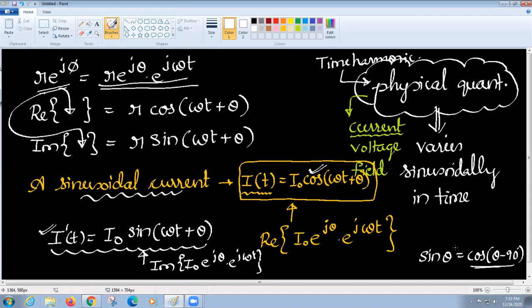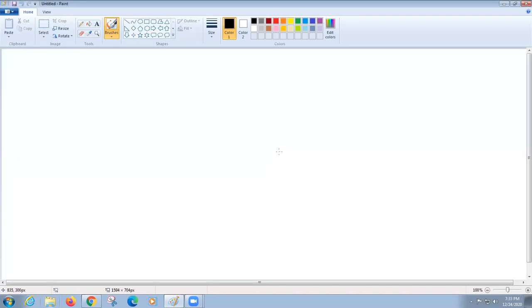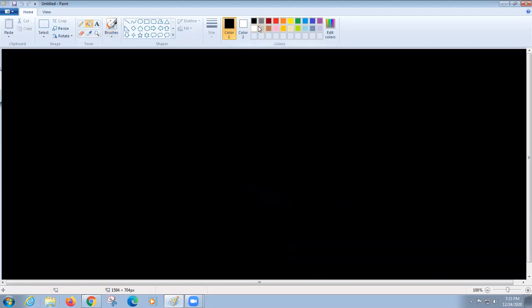So if you don't want sine and want cosine, take whatever argument you have and just add 90 to it. To be consistent in our use of either the real part or the imaginary part of a quantity, you must go with either the real part or the imaginary part, but not both.